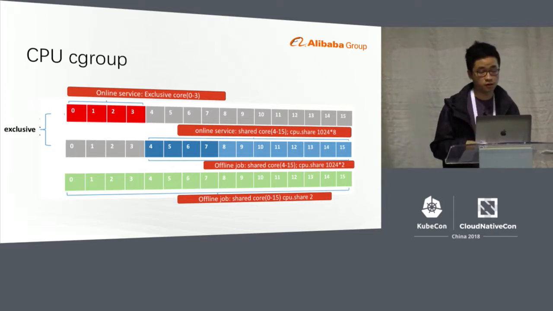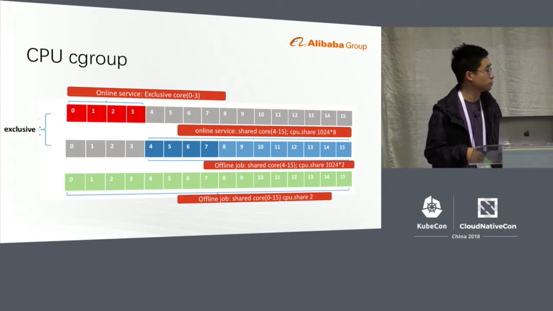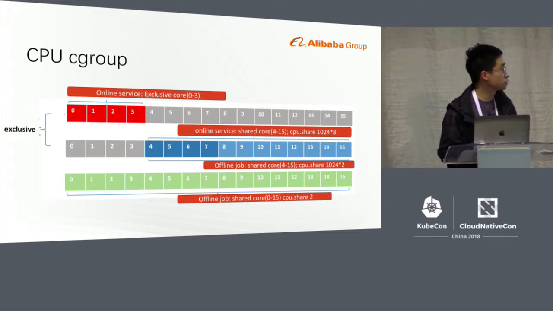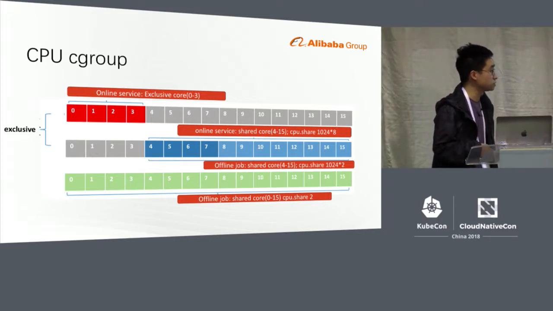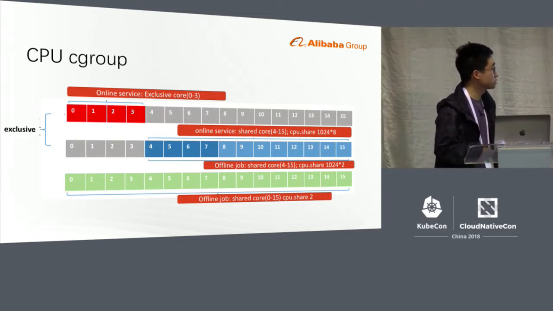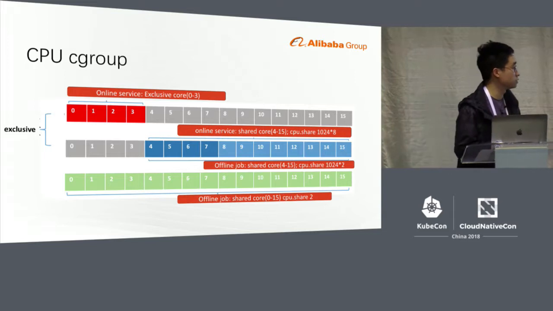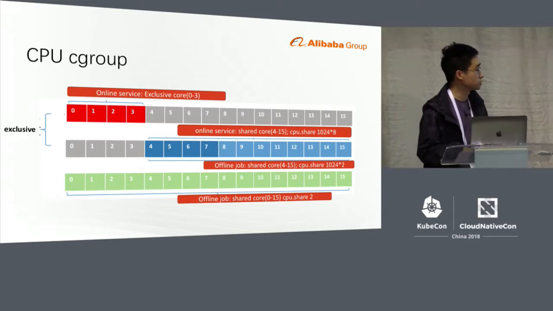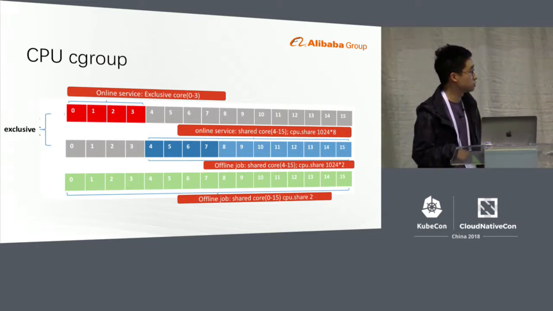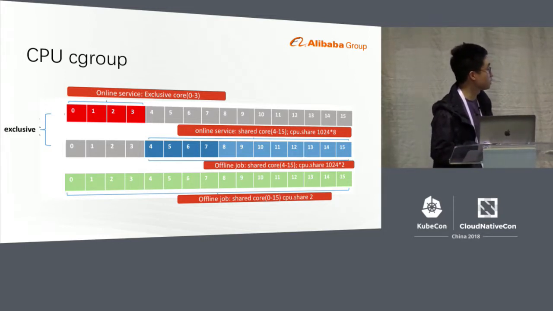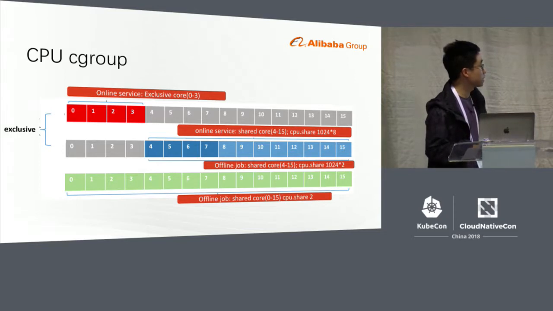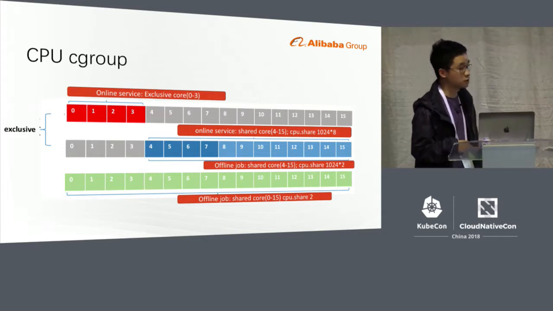And offline jobs also have a high priority to use other shares, and they achieve this kind of adjustment. And at the bottom are the jobs with the lowest priority, those parameters. So here, there's something different, that at the bottom, this line and the first line are also sharing.